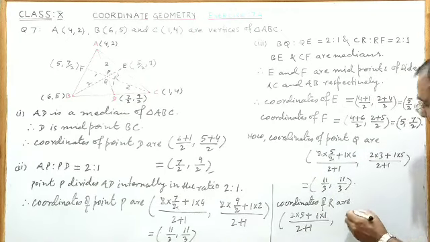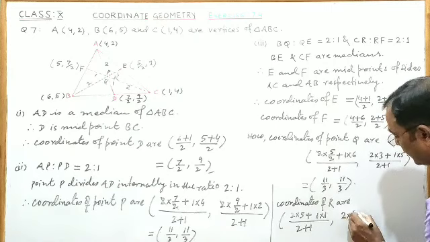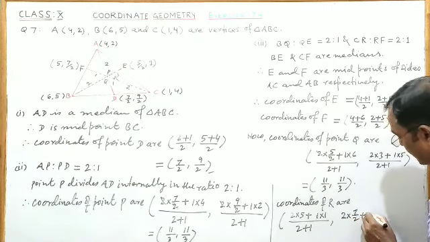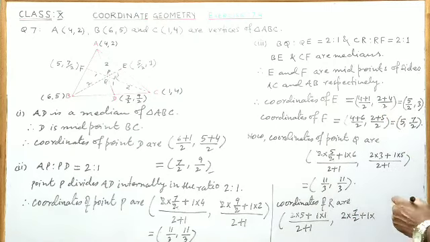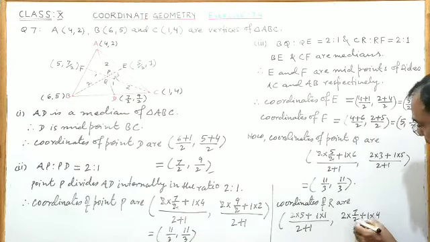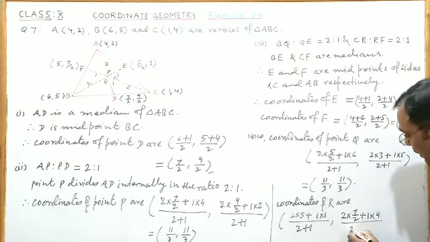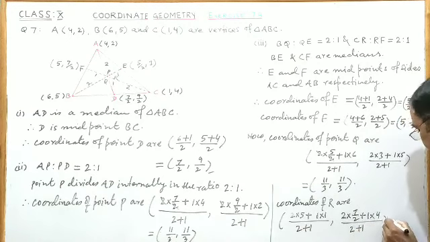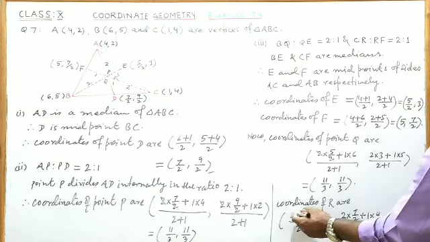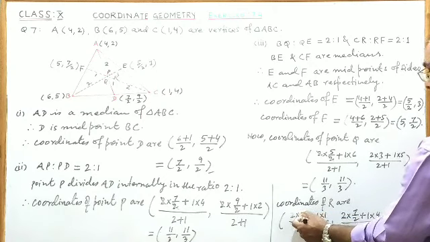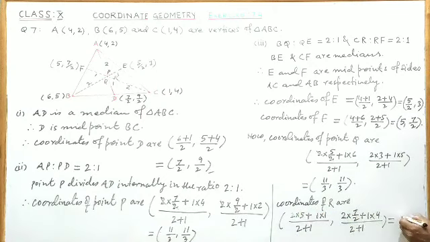(2 into 7 plus 1 into 4) divided by 2 plus 1, which is equal to 2 fives are 10 plus 1, 11 by 3.